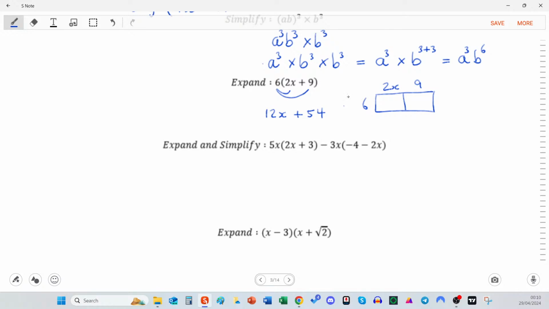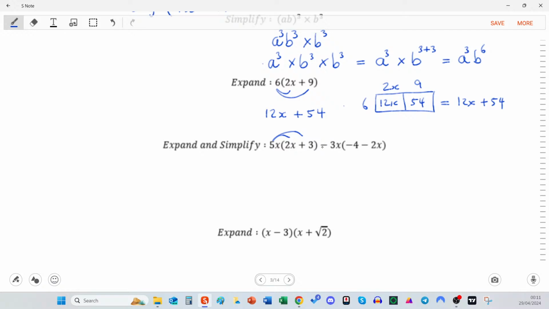If you did 2x plus 9, that's the entire length. So to find the area of this, we'd multiply individual parts together, which is 12x and 54, and the total area would be 12x plus 54. Box method is super good for multiplying and keeping things compartmentalized and organized. It's really neat.